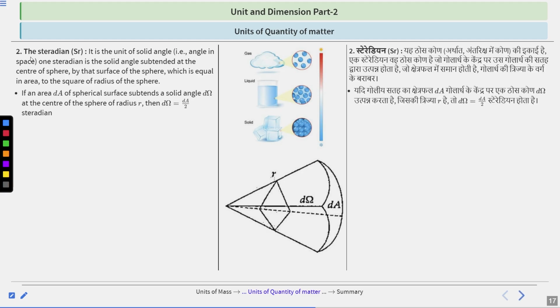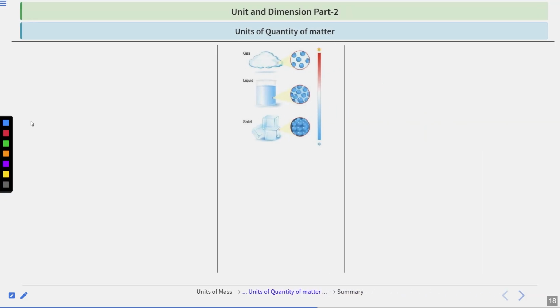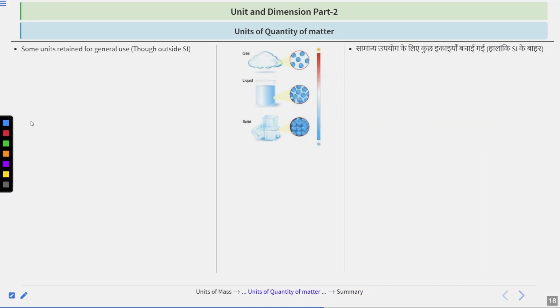If an area dS of spherical surface subtends a solid angle d omega at the center of the sphere of radius r, then that will be the steradian. Got it? Now, move ahead. Some units are retained for general use, though outside the SI or standard units.